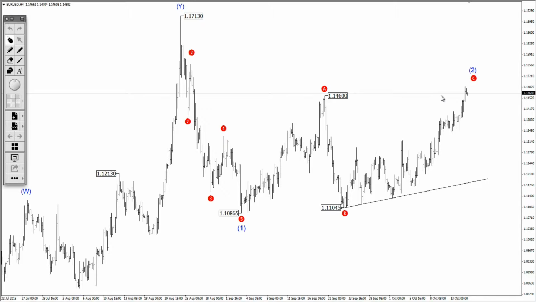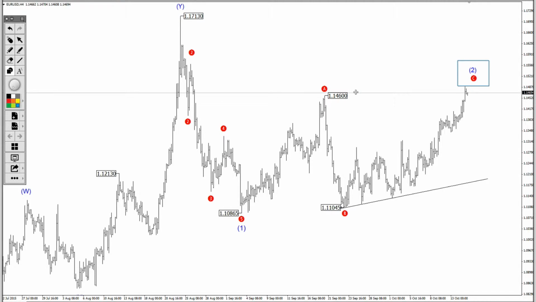So this means that minute wave 2 is still forming and is forming a very complex, large, flat correction. So here you can see the minute wave 2 label, and the flat correction is 335 form.